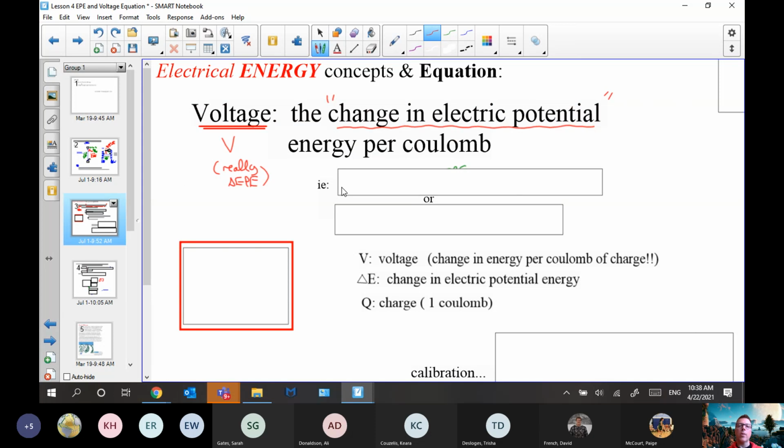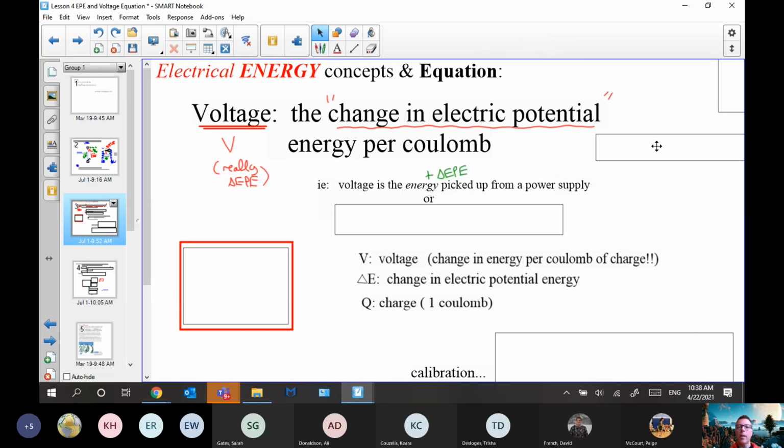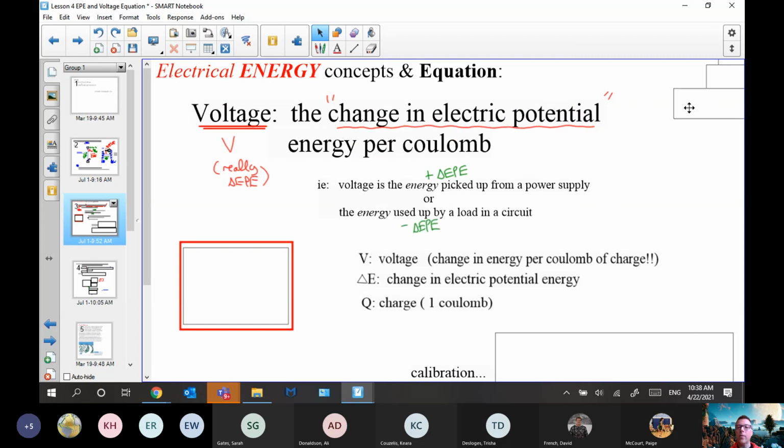So it's the change in electric potential energy per coulomb. And when we're talking about the change, remember that's energy that it picks up from the power supply, or energy that it drops off in a circuit. And that's where you get positive voltage or negative voltage, right? And I'm using EPE sometimes as a way to remind you what voltage really means: that voltage really means electric potential energy. I should have per coulomb there, though, shouldn't I?